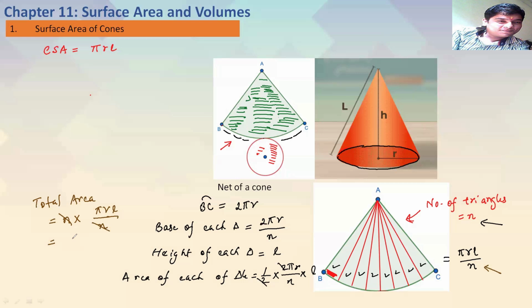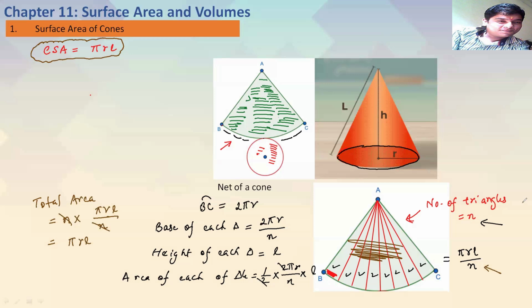What are we left with? Pi r L. So the total area over here is pi r L. Hence the curved surface area of the cone is pi r L. Got the picture?